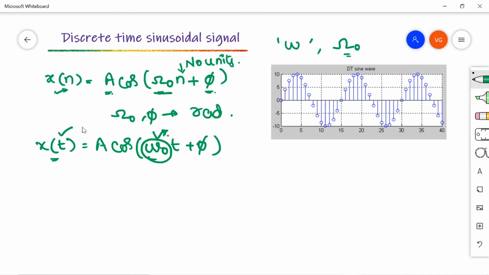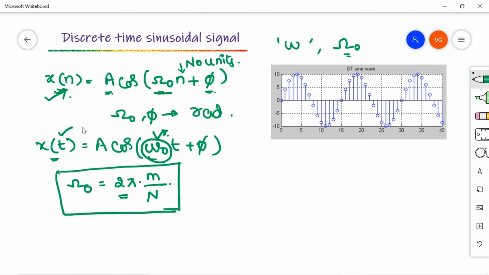Here the condition is omega naught should be equal to 2 pi into m by N. So omega naught must be a rational multiple of 2 pi. Then only I can say x of n is a periodic signal. This is very important in problems also. This is the condition for the sinusoidal signal to be periodic, where m and N are any integers, right?